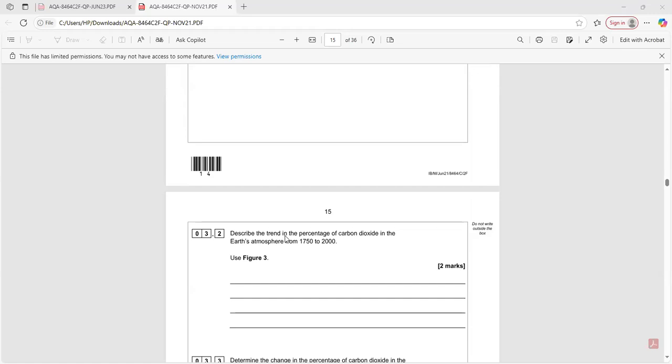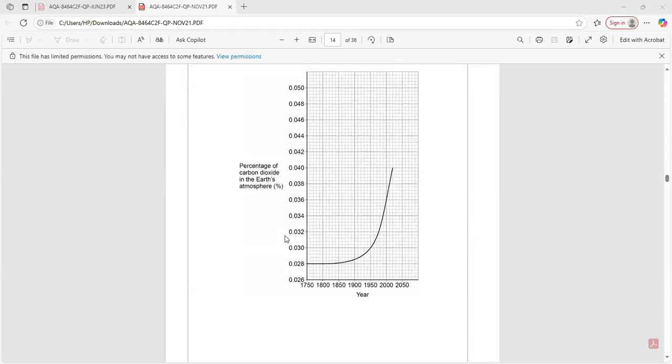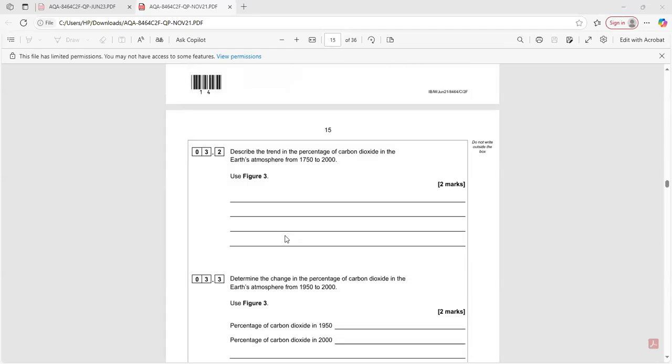It now says, describe the trend in the percentage of carbon dioxide in the Earth's atmosphere from 1750 to 2000. Is there anything to describe here? It's clearly increasing slowly. And you can cite the fact that in 1750, that was before the time of industrialization, when industrial activities were non-existent, then at the point of industrialization, it started increasing.